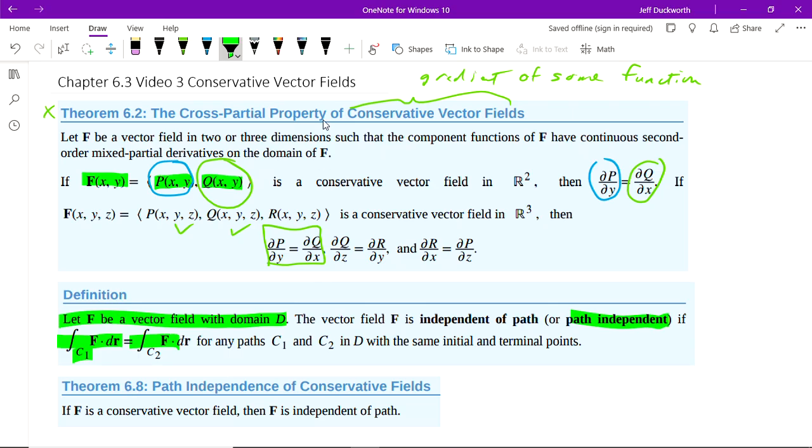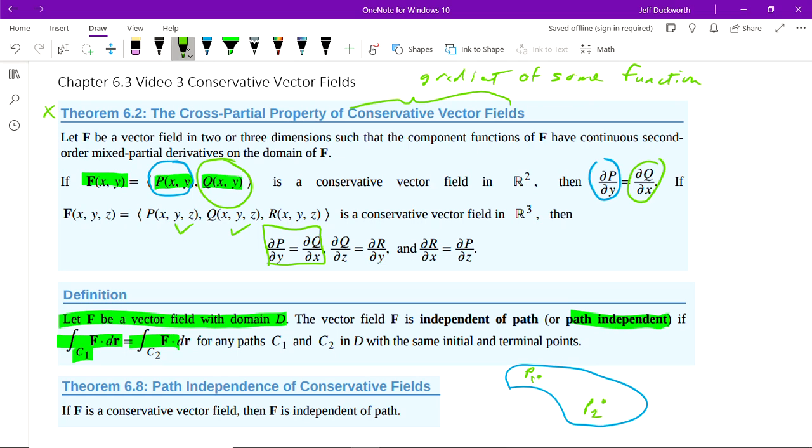So say we have a field that looks like this, and I take any two points, let's just take P1 and P2, P1 to P2.